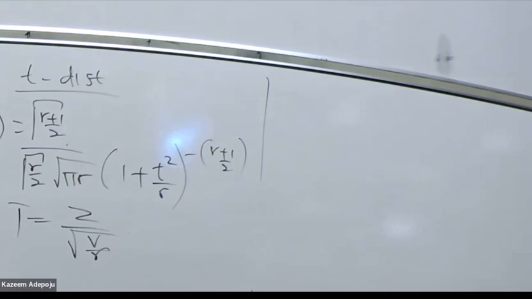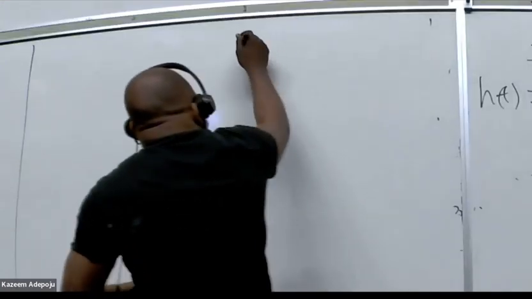Now the final one is the F distribution. We use the F distribution in analysis of variance tests.